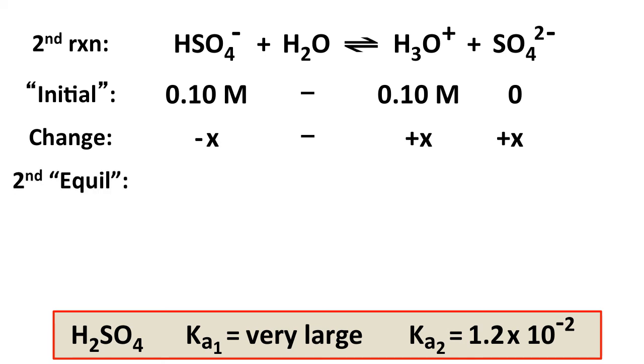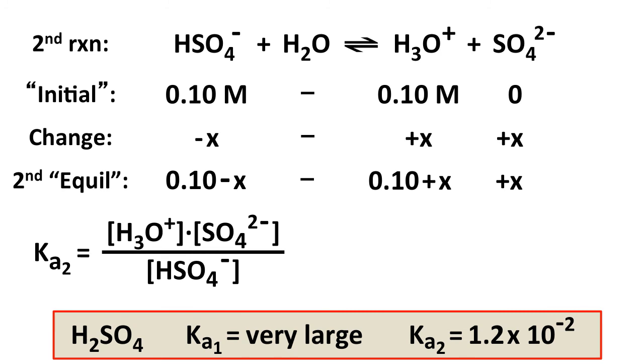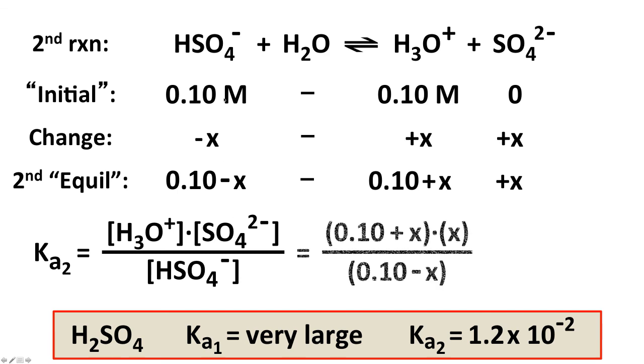And at the second equilibrium, at the end of the second dissociation, HSO4 minus is 0.1 minus X, H3O plus is 0.1 plus X, and SO4 2 minus is X. So now we use our second dissociation equilibrium constant, Ka2, which is H3O plus times SO4 2 minus concentrations over the HSO4 minus concentration, which is 0.1 plus X times X over 0.1 minus X, and that equals the looked up value, K sub A2, 1.2 times 10 to the minus 2.